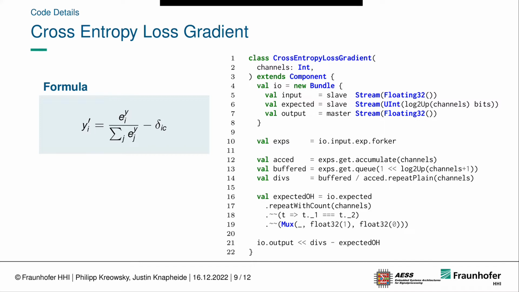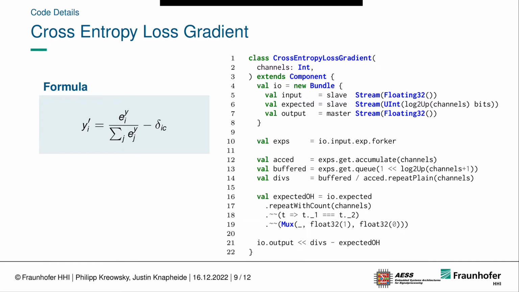So we have the denominator computed, but that takes a while. So we need to buffer the numerator for a bit in line 913, and then we can just divide them by each other in line 914. So that takes care of the first term. The second term, this delta_ic, is basically just c one-hot encoded, just not in space, but in time.